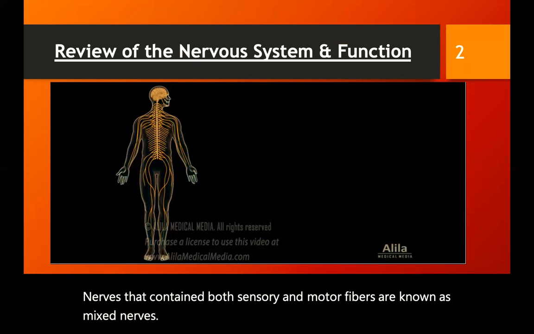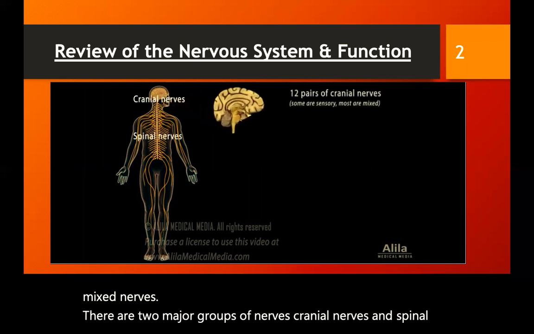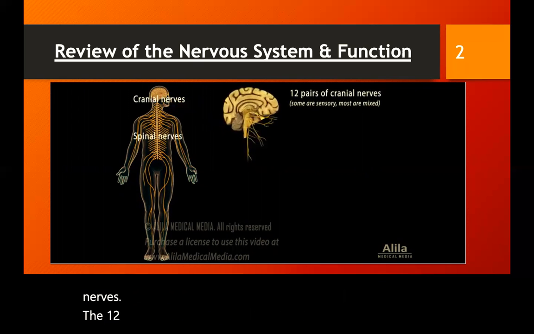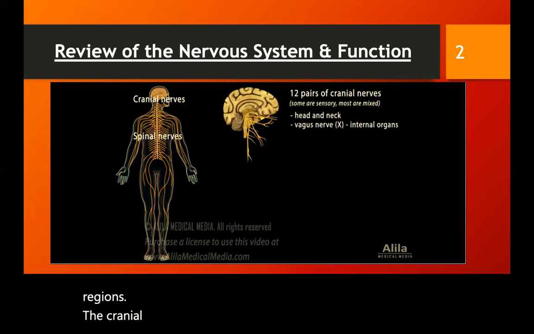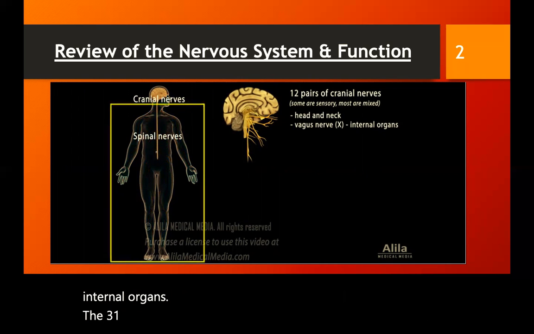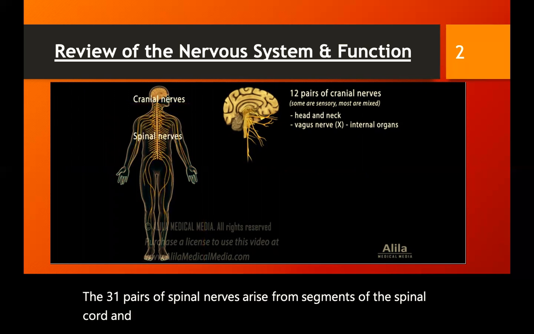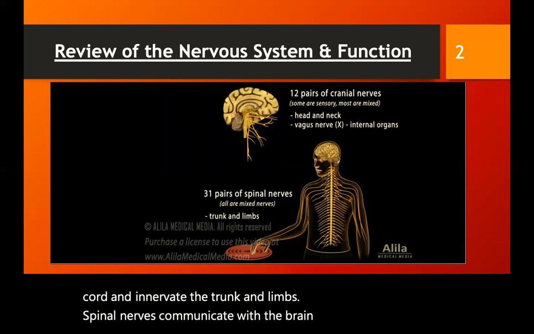There are two major groups of nerves, cranial nerves and spinal nerves. The 12 pairs of cranial nerves emerge from the base of the brain and relay information between the brain and the head and neck regions. The cranial nerve 10, named vagus nerve, also communicates with internal organs. The 31 pairs of spinal nerves arise from segments of the spinal cord and innervate the trunk and limbs. Spinal nerves communicate with the brain via the spinal cord.